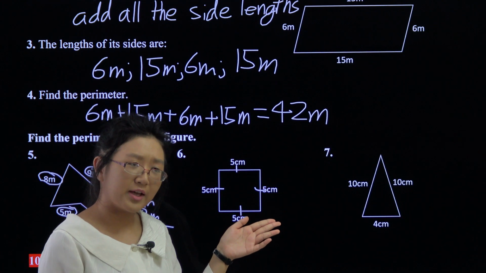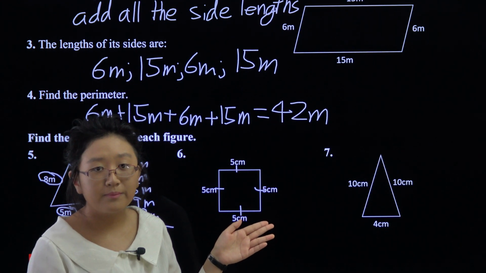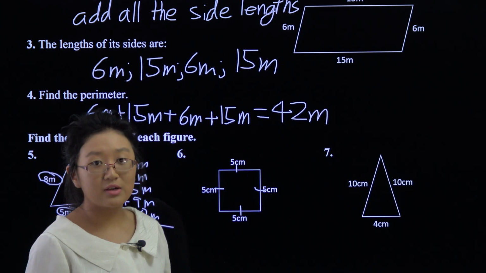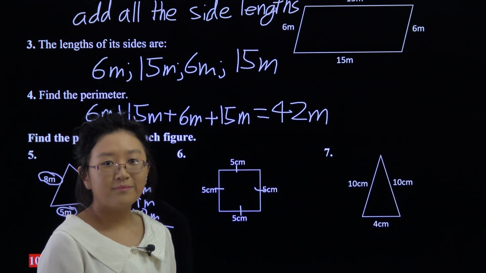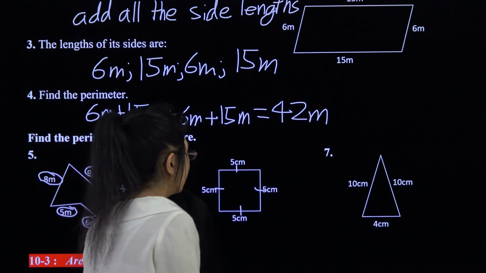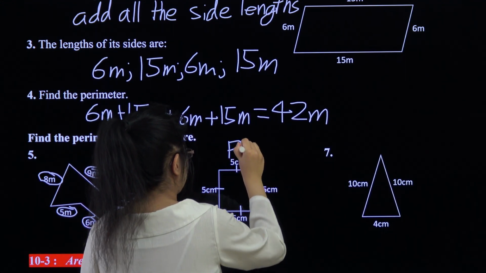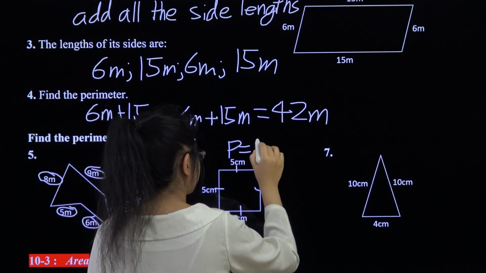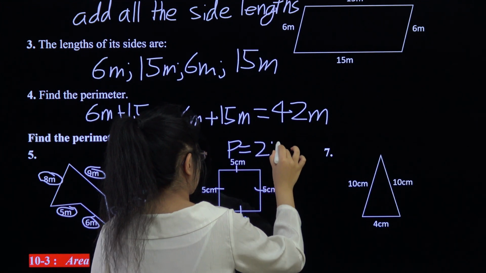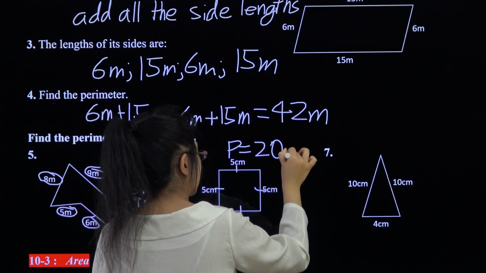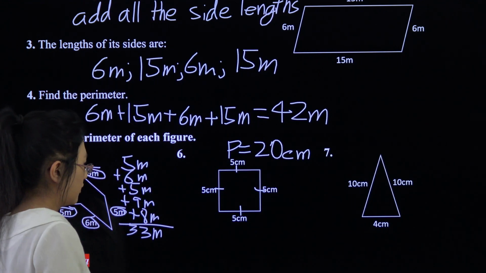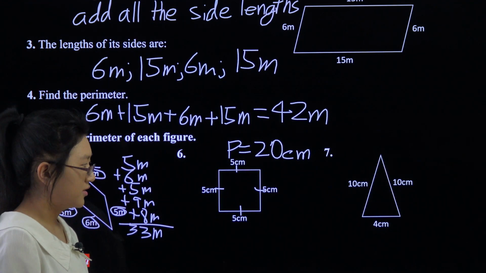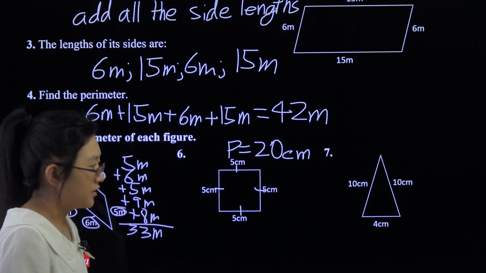Sounds awfully like 4 times 5. 4 times 5 is equal to, come on guys, remember your multiplication table, 20. The perimeter, uppercase P for perimeter, is 20 centimeters. It's not going to magically change to inches, or meters, or feet. The units stay the same.